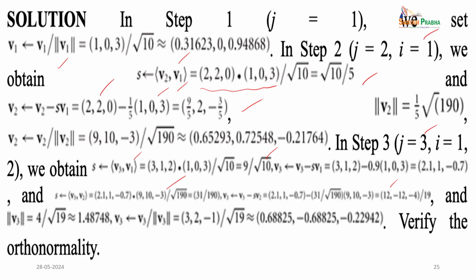After getting V3, take the norm of V3, which is approximately equal to 1.48748. Therefore, V3 equals V3 by norm V3, and we have the value. Check whether V1 V2, V2 V3 and V3 V1 are orthonormal, and it works.